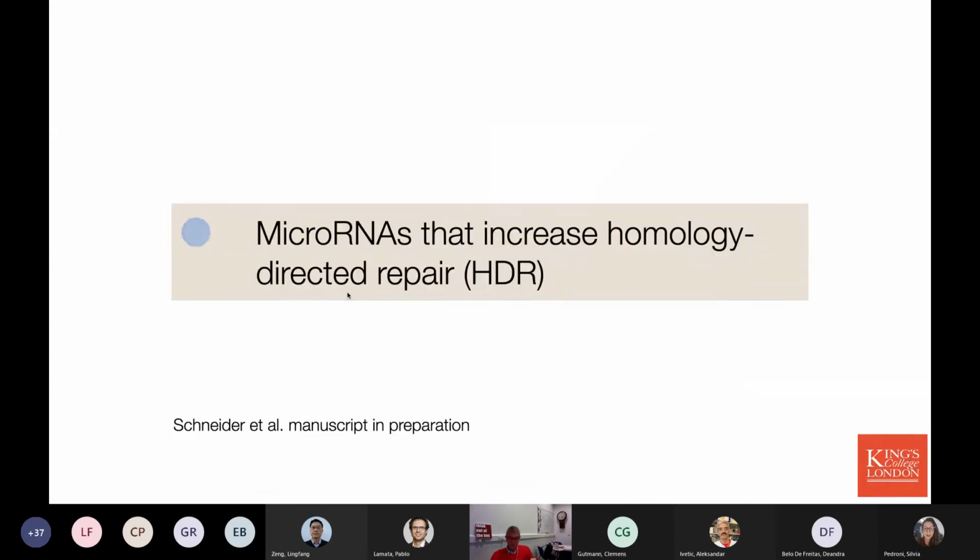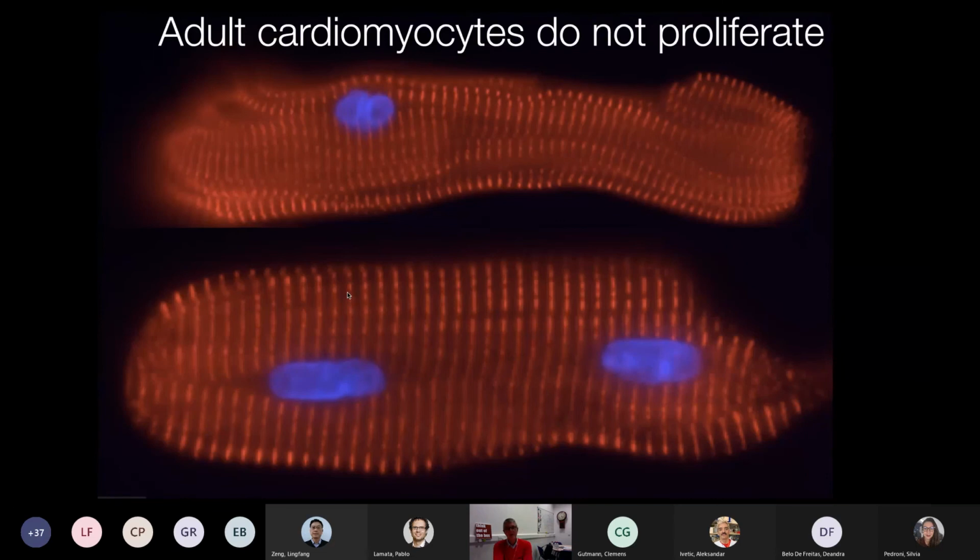Speaking about DNA repair, and this is work by Eduardo here, you know that cardiomyocytes are post-mitotic cells, and everybody knows that this is the main problem by which these cells don't replicate and the heart doesn't regenerate after damage.